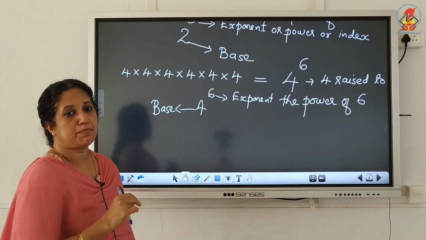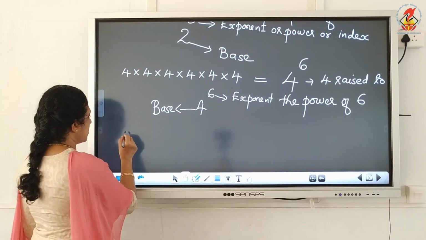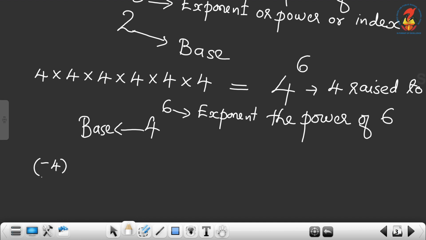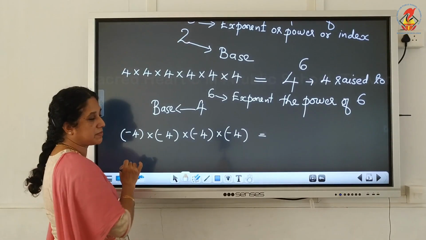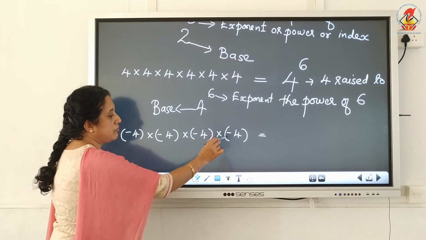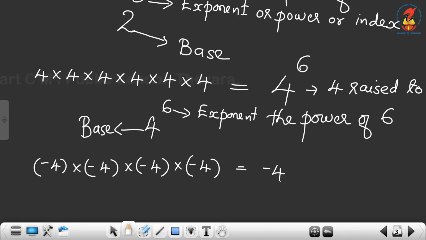Now, sometimes the base can be a negative integer also, for example negative 4 into negative 4 into negative 4 into negative 4. Look, the integer negative 4 is repeated. How many times? 1, 2, 3, 4. 4 times. So first you write negative 4, and right hand side up write the number of times it is repeated, 4.